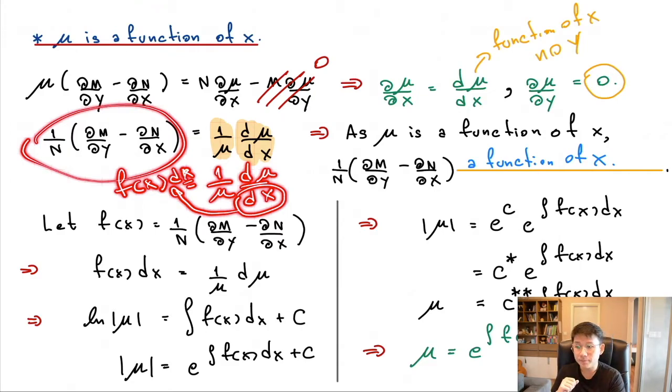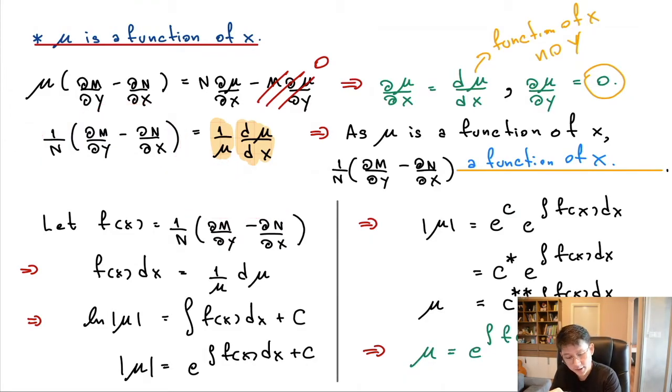Sorry, guys. Mathematically, it doesn't work that way, as I told you many times before. You can't just move the x to that side, but it works in the same way, and it's called differential form. Again, this guy is fx. Fx equals 1 over mu d mu by dx.